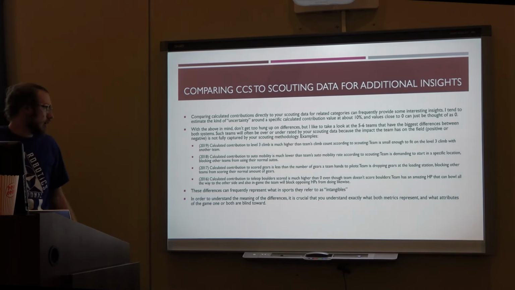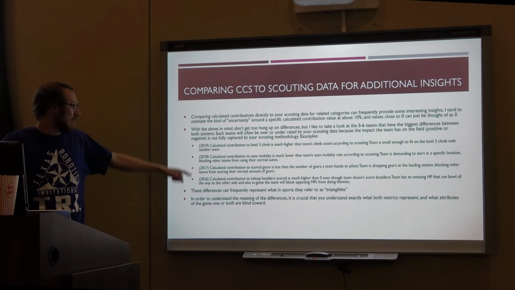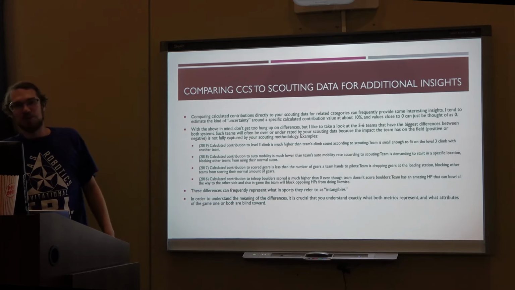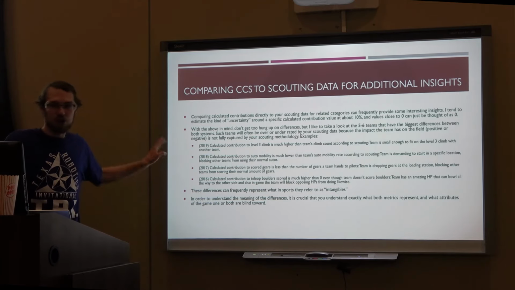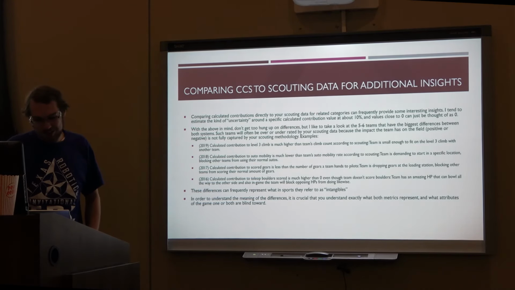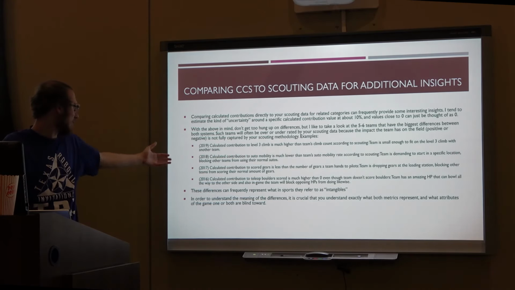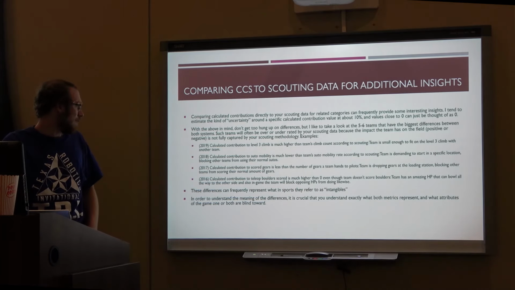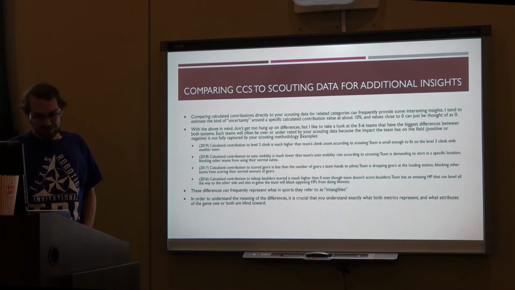Yeah, I think it's a lot of fun to look back at scouting data compared to calculated contributions. You can often learn things about the game in that kind of analysis, about which things actually have value, and which things don't. Even if a team looks like they're scoring a lot of points, maybe they're hurting their alliance somehow in the process.